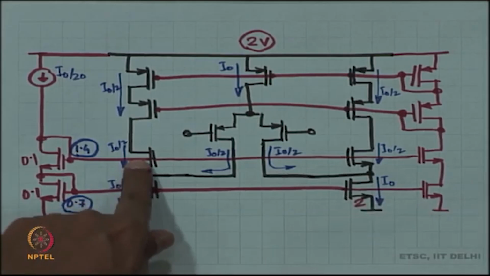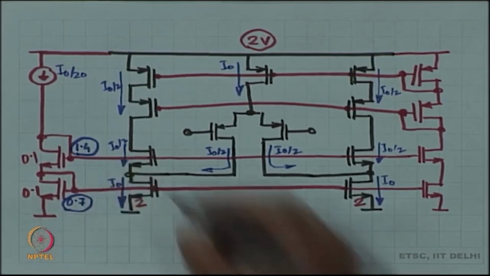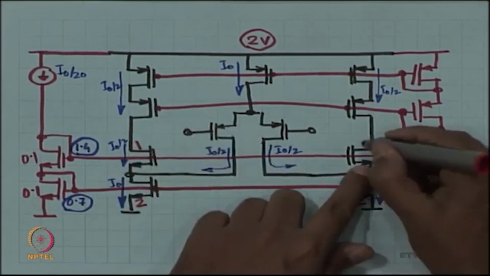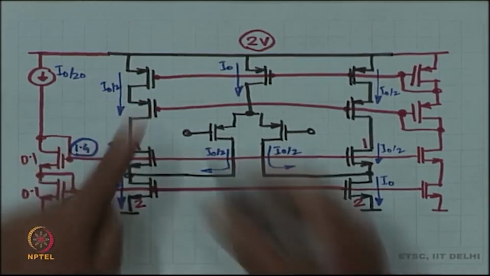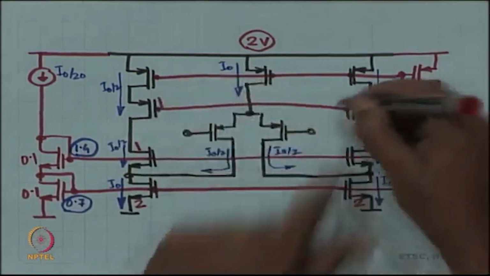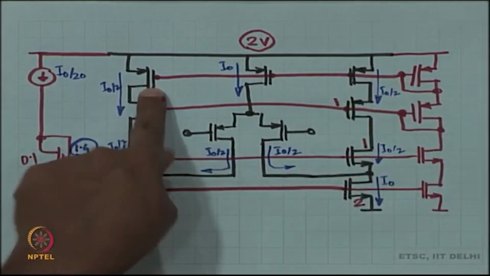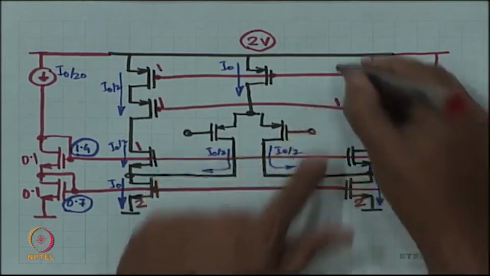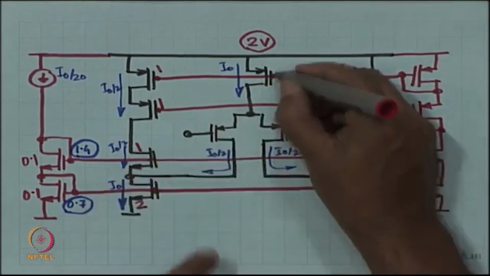What about here? This is I naught by 2. So, therefore, the relative size of this should be 1 unit. How about here? 1 unit. How about here? 1 unit. Okay. 2 units.